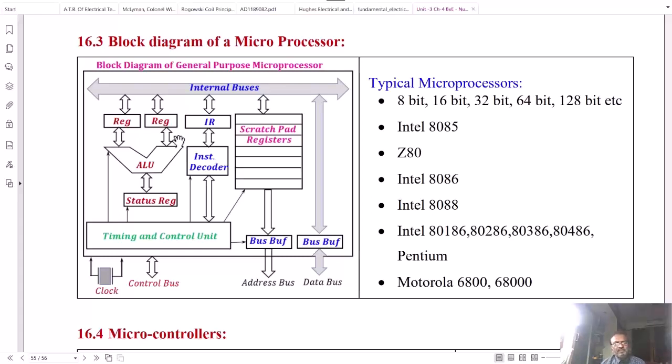Some processors can perform multiplication and division on 8-bit numbers. Current generation processors have 64-bit arithmetic and logic units, and higher sizes are also present in current generation processor systems. So they are basically performing the arithmetic operations.